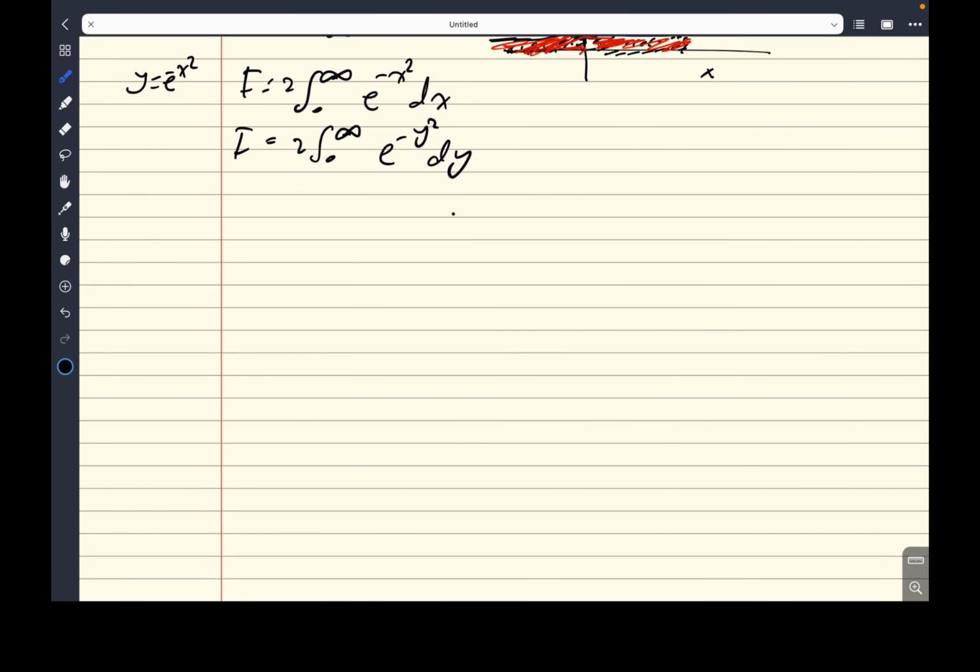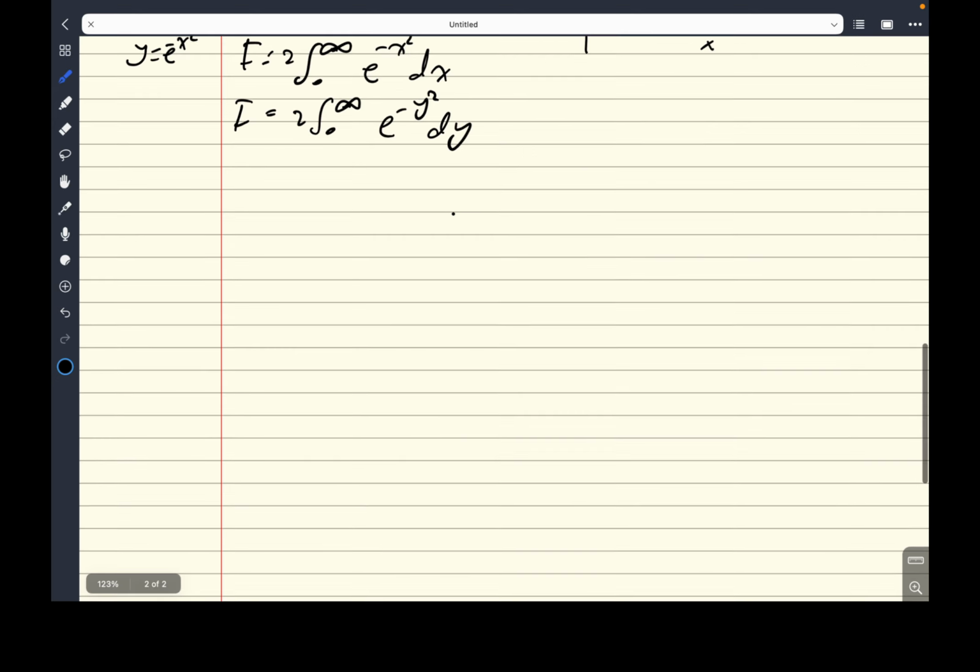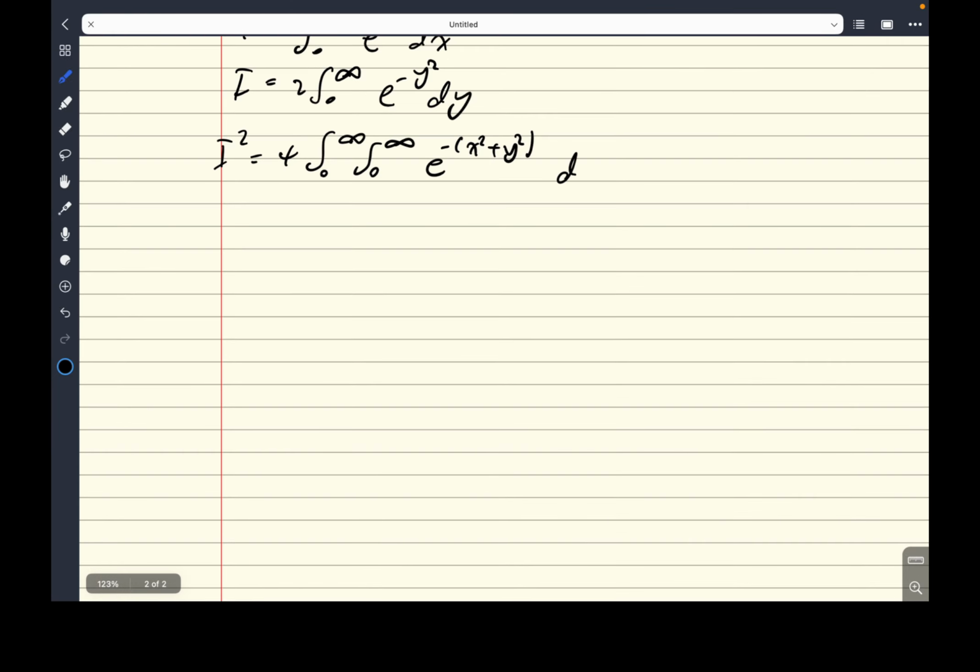So what I can do, I can multiply these two integrals together, which is going to result in I squared, and it's going to get 4 times, this is going to become a double integral, and when the powers are multiplied to each other, because the bases are same, they're gonna add up together and make this thing here.